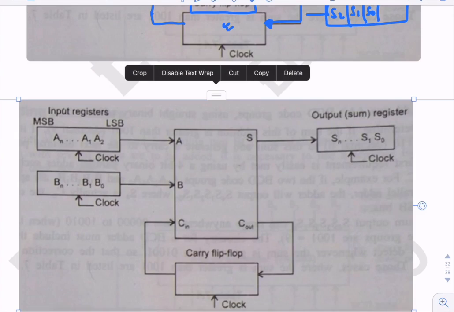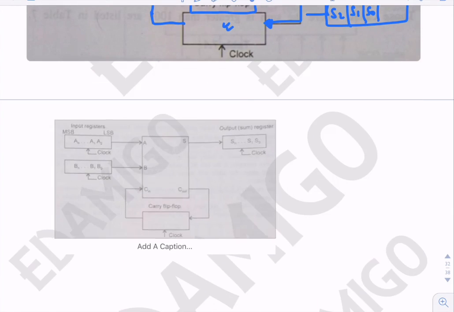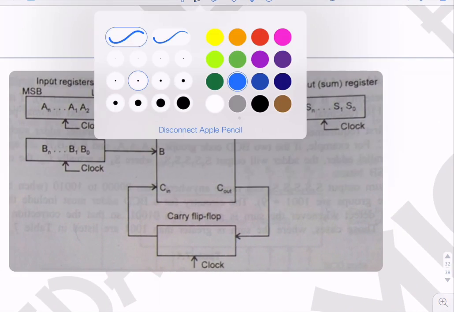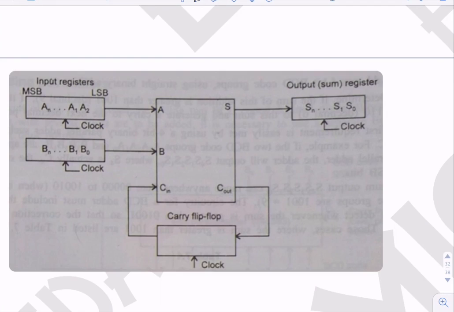Okay, so I'm just reducing the size. So initially this flip flop was clear. There was nothing at the output. Okay, now in the first tick of the clock, A0 will be present here, B0 will be present here, and since the flip flop is initially cleared, the output here is 0.